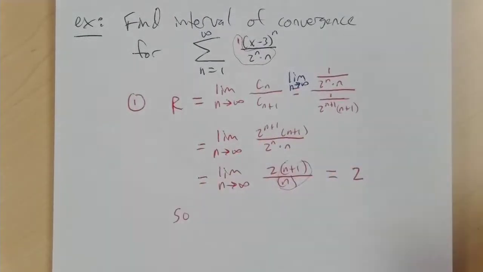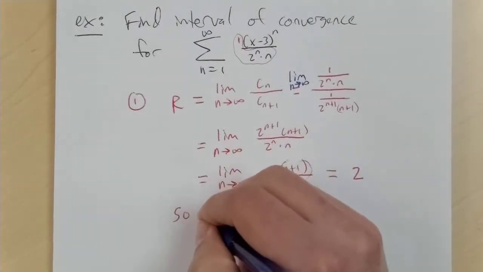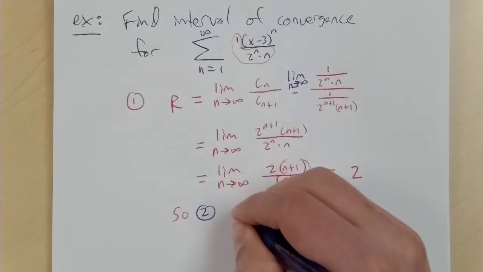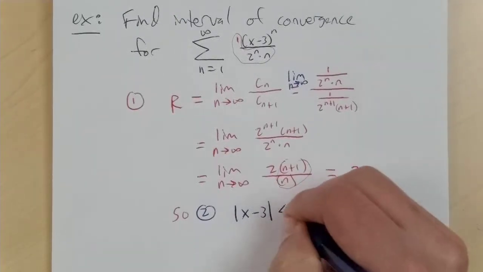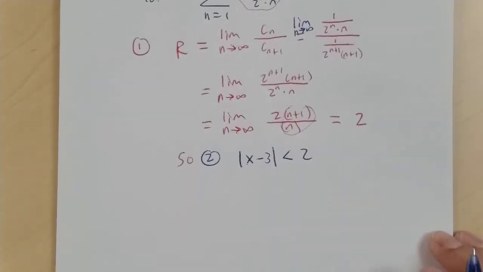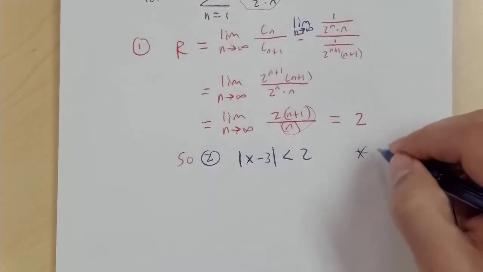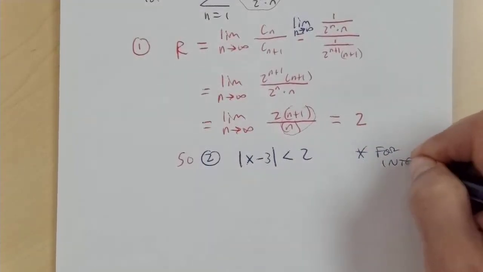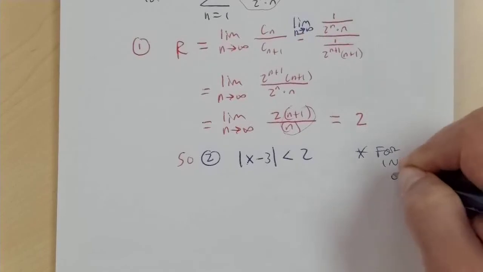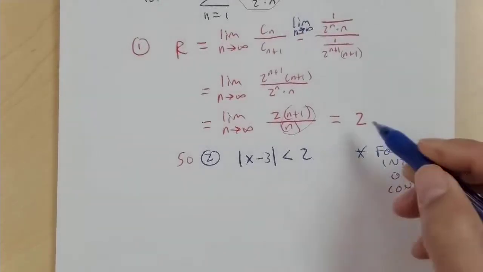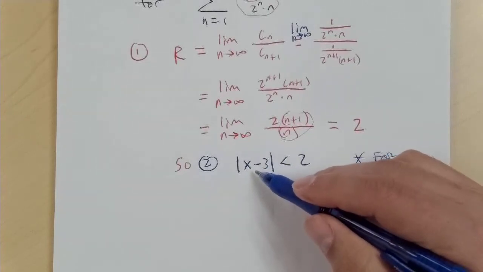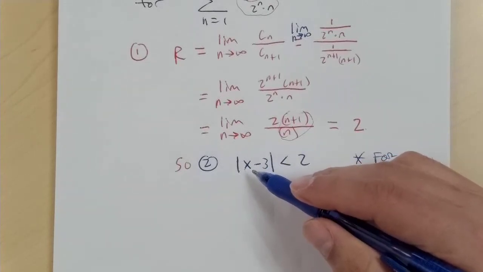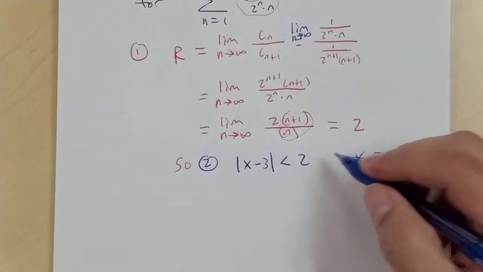Okay, so then that means to find the interval of convergence, we take the absolute value of x minus 3, and we set it less than 2. So this is for the interval: you take the radius, you take the power series form, just remove the coefficients basically, and the exponent. |x minus 3| less than 2.